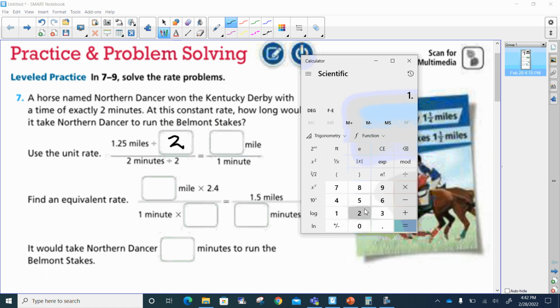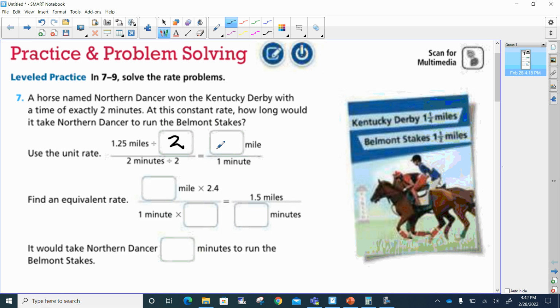1.25 divided by 2. Yes, exactly, 0.625. So over here, I'll put 0.625. All right. And now that I got that answer, I know what this answer right here is, 0.625.